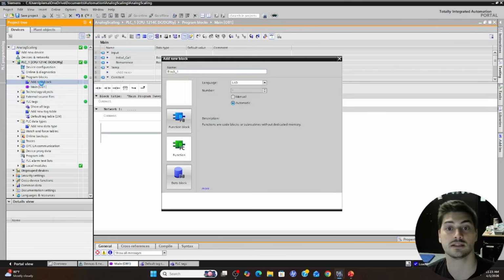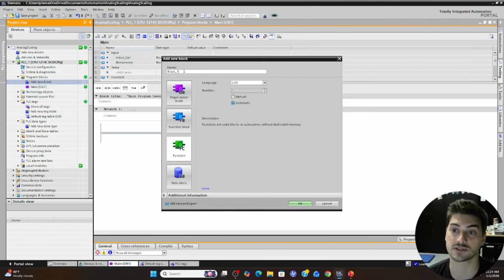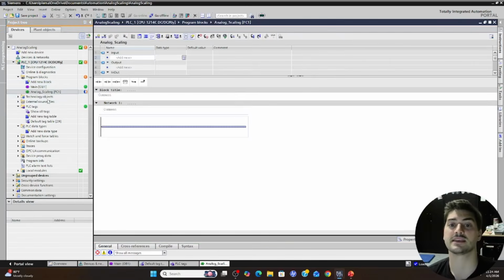So let's actually get into what scaling an analog input looks like. Let's make a new function called analog scaling. You could create this in any PLC platform. The exact names of the next two blocks I'm going to show vary across PLC platforms.